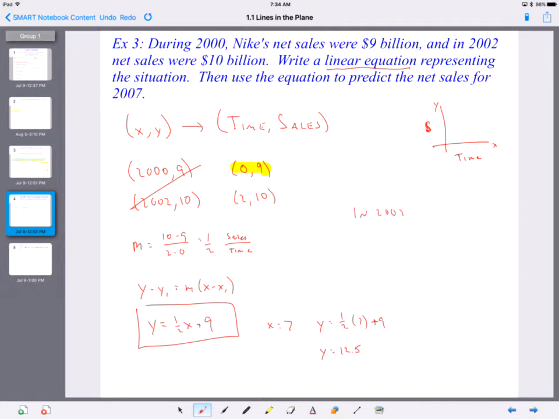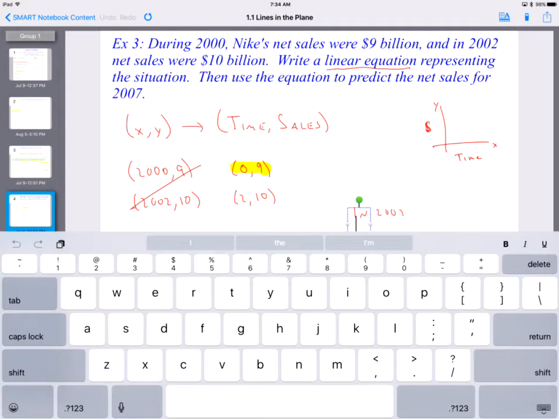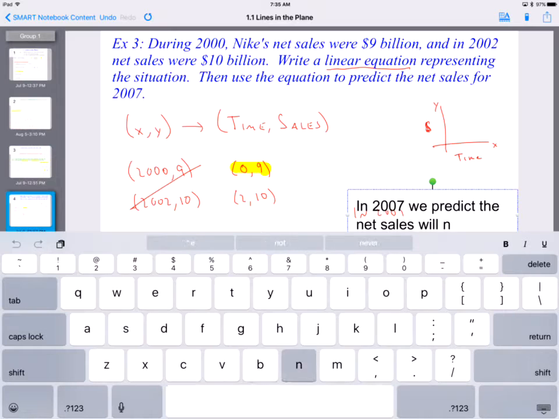So in the year 2007, we predict the net sales will be 12.5, but not just 12.5, $12.5 billion.